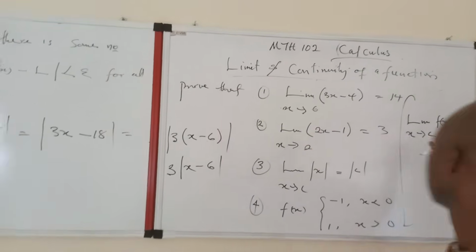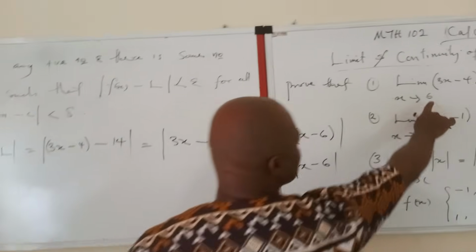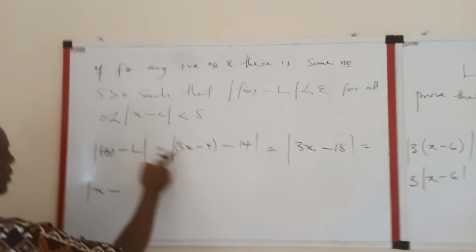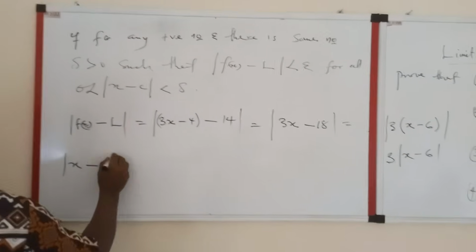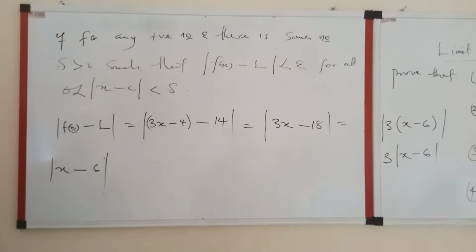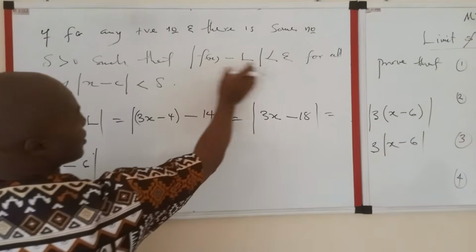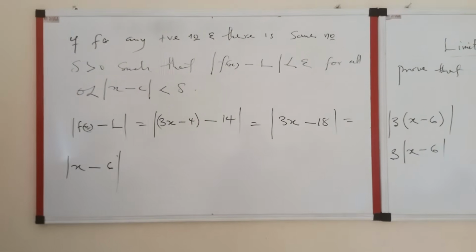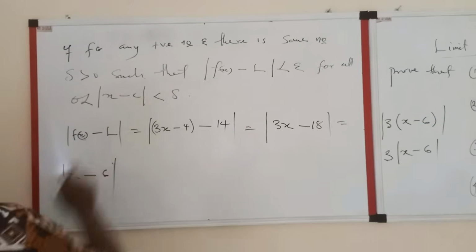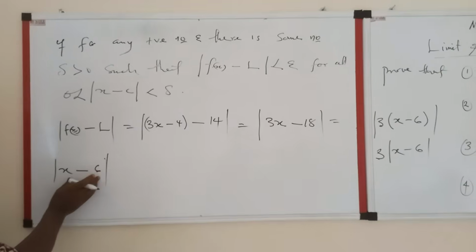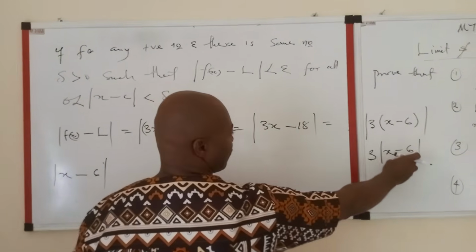So c in that case is 6, and we say x minus 6. Now, this statement is for epsilon, whereas this statement here is for delta. So you can see that the one for delta is also contained in that of L.